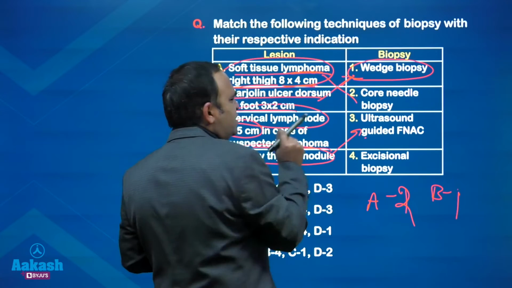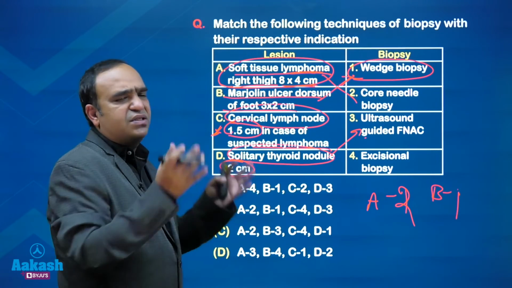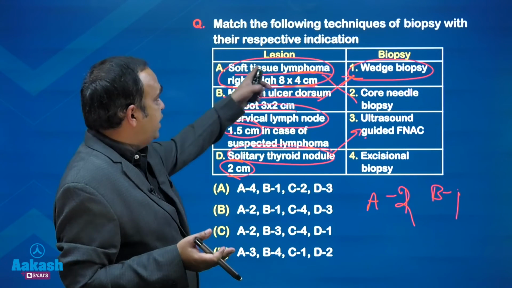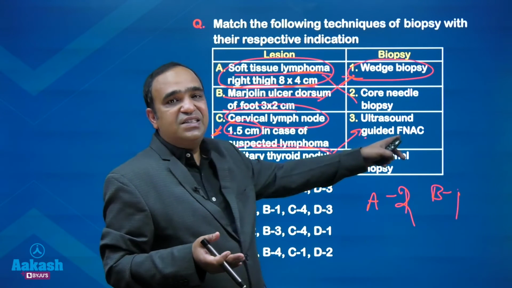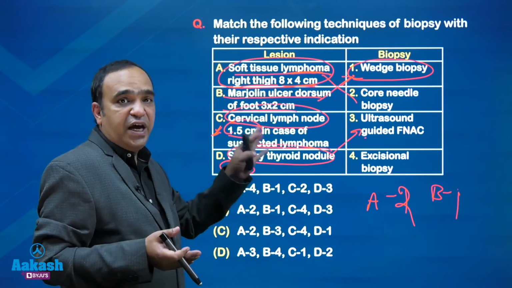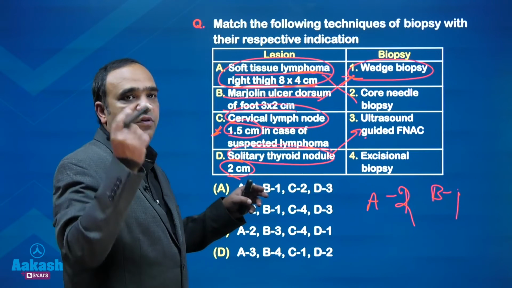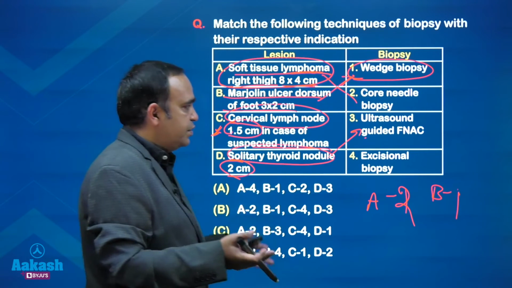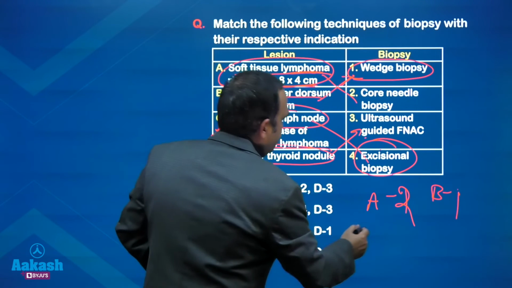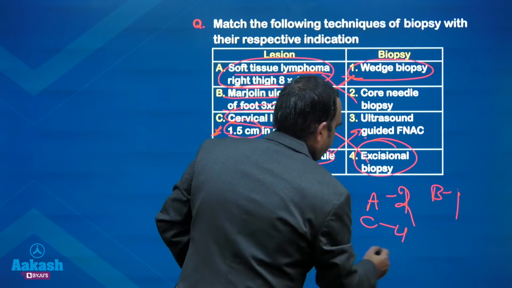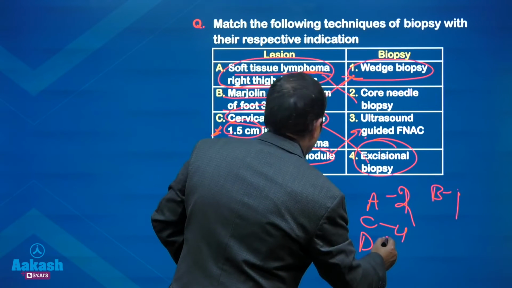And for a small size cervical lymph node, the best is just remove it, because like I told you for choice A, it's a suspected lymphoma, so FNAC alone is not sufficient. You need a biopsy. So the best form of biopsy for a small lymph node in the neck is to remove it, an excisional biopsy. So C is 4 and D is 3.